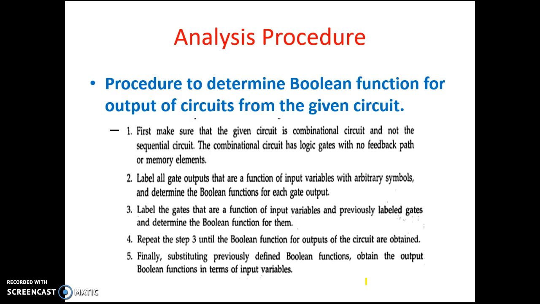Step 4: repeat step 3 until Boolean functions for the outputs of the circuit are obtained. Step 5: finally, substituting previously defined Boolean functions, obtain the output Boolean functions in terms of input variables.